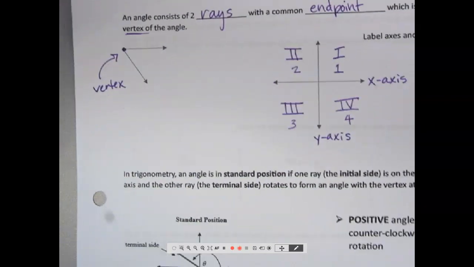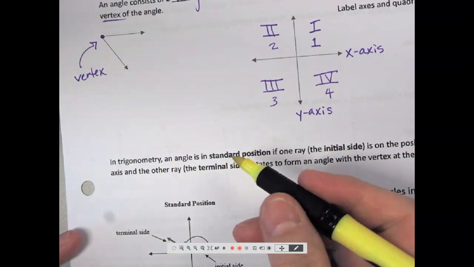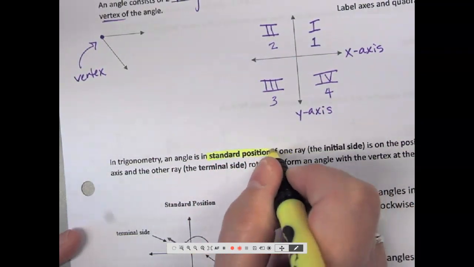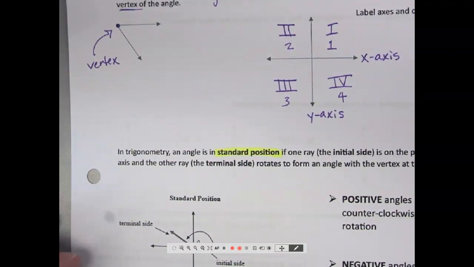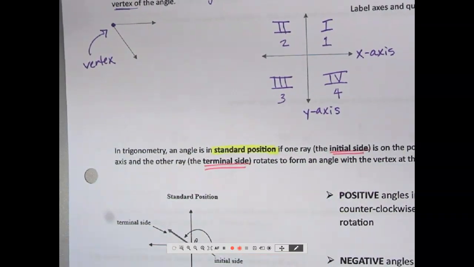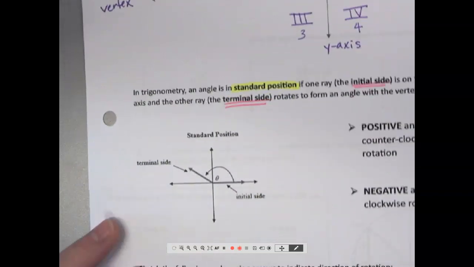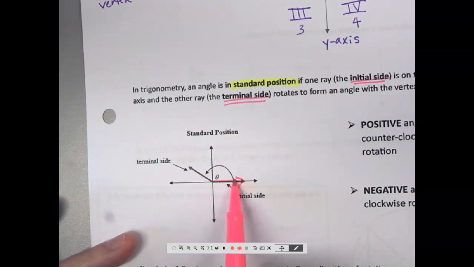We're about to see. In trigonometry, an angle is in standard position if one ray, which we call the initial side, we're going to use that term a lot, is on the positive x-axis, and the other ray, the terminal side, rotates to form an angle with the vertex at the origin. Okay, so looking at this picture here, I have a ray sitting right there.